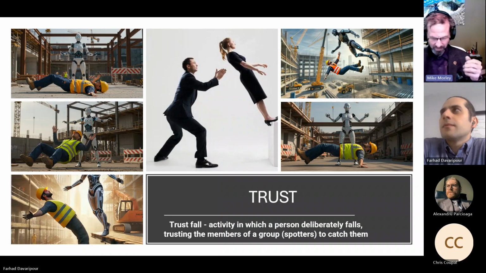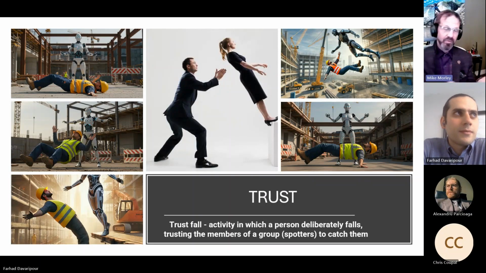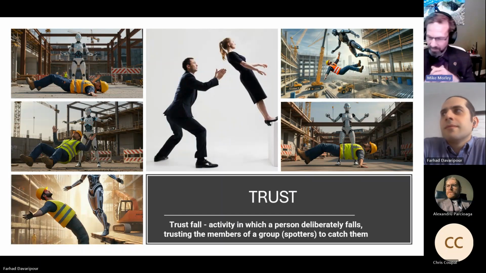And the way it works is you basically put a blindfold on usually, and you fall backwards and your colleague is supposed to catch you. So I thought, hey, you know what would be really great is if I used one of these image generator things like DALL-E or Midjourney or Stable Diffusion to generate an image of a person falling into the waiting and ready arms of an AI model.